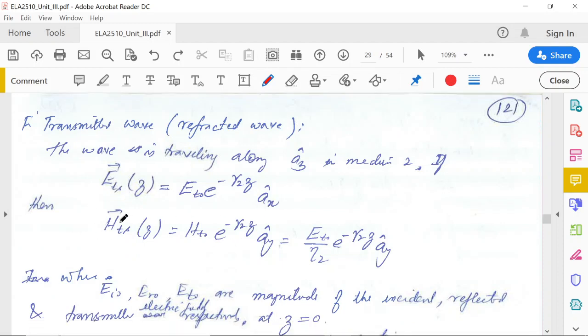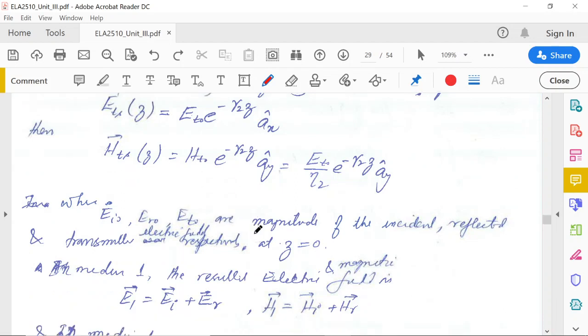Similarly, the direction of the magnetic field remains AY, and the direction of propagation is along the Z axis, given by e to the minus gamma 2 Z. And you can write HTO as ETO over eta 2. This is the intrinsic impedance of the medium 2, eta 2. So this is also complex. So eta 1 and eta 2 may be complex, gamma 2 is always complex.